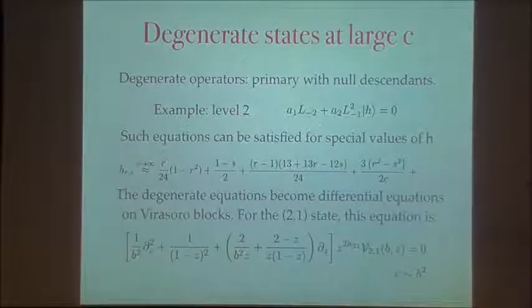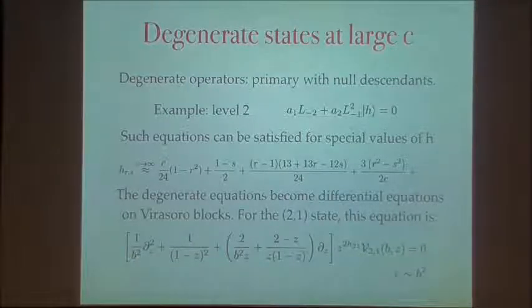For example, when you put this (2,1) state into a correlation function, this equation becomes a differential equation. V21 is just defined as the vacuum block in this (2,1) state. This is how I define V21.